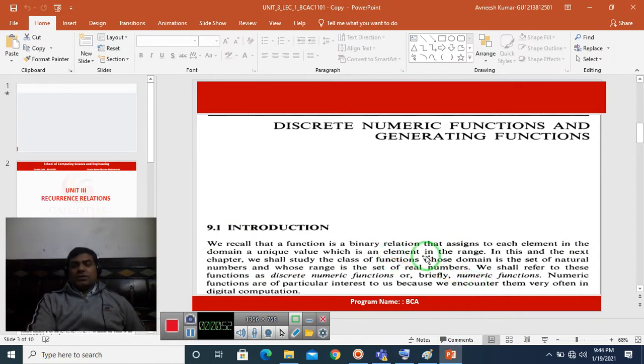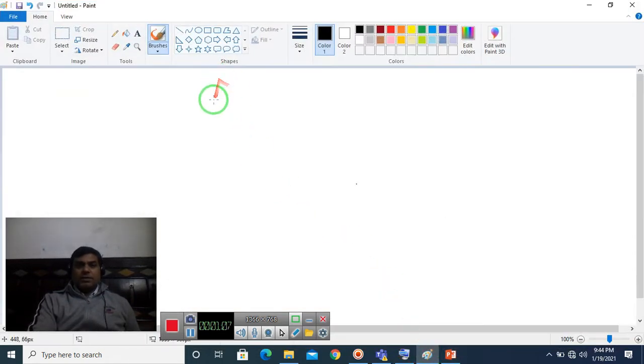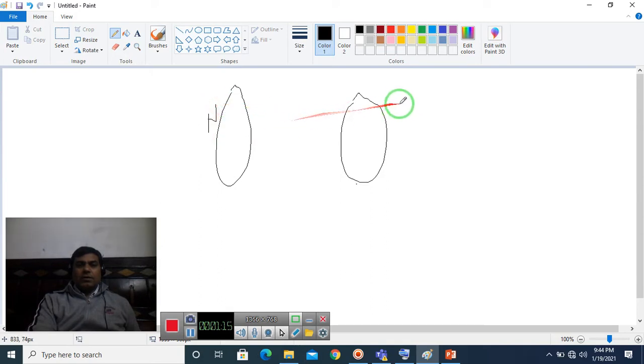So the numeric function is a series in the power form, just like a geometric progression. The domain of this series is numeric function, meaning we have a domain and codomain. Domain is natural number, codomain is a natural number.